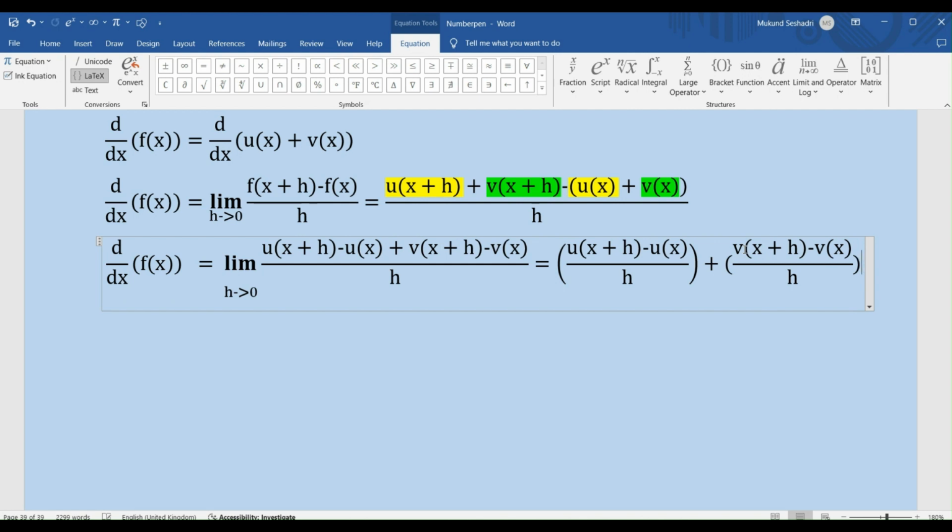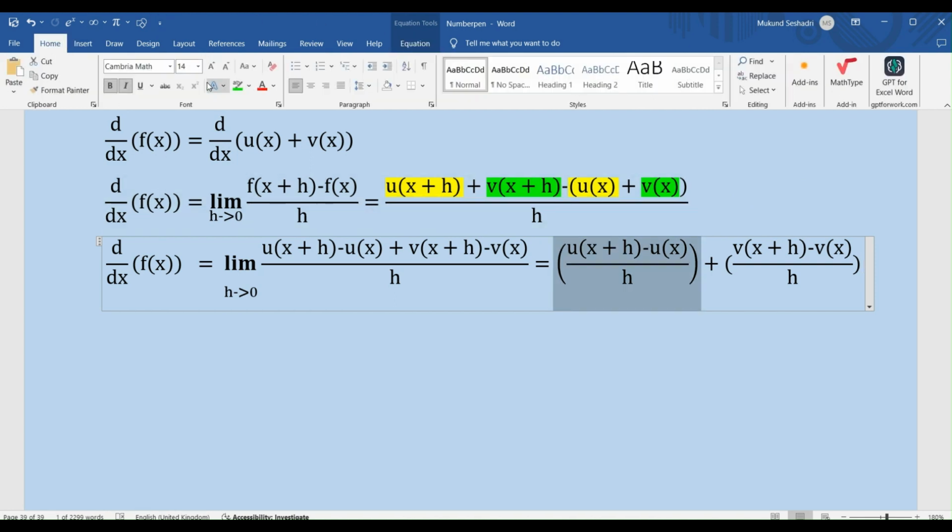So all that we've done is we have broken this down and we have re-represented this as part 1, which is u of x plus h minus u of x divided by h. And then my part 2 is v of x plus h minus v of x divided by h, right?